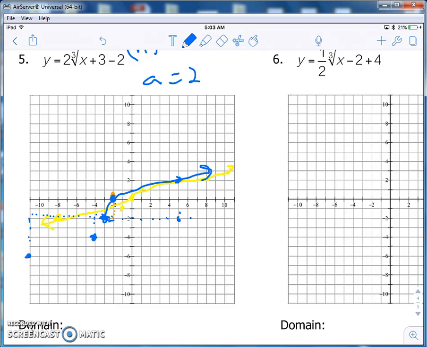So we should have these points, negative 4 on our graph, and negative 11, negative 6. Connect that out. Not very pretty, but I think at least the points are accurate.